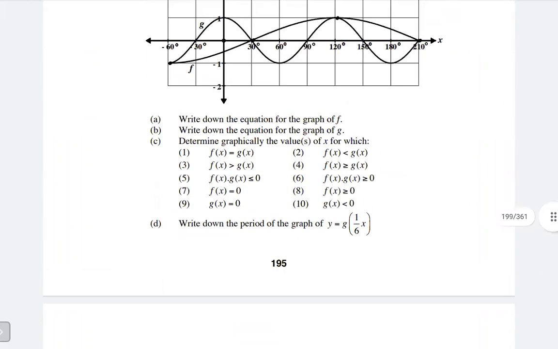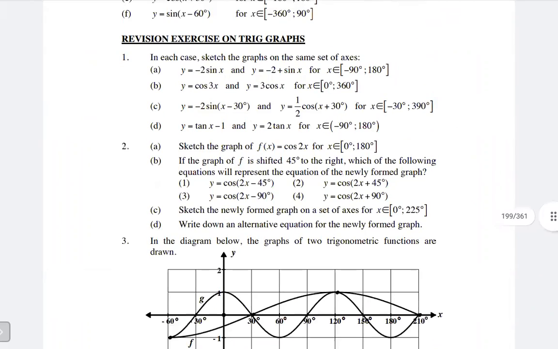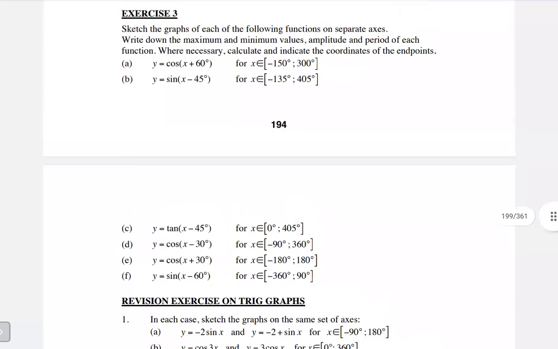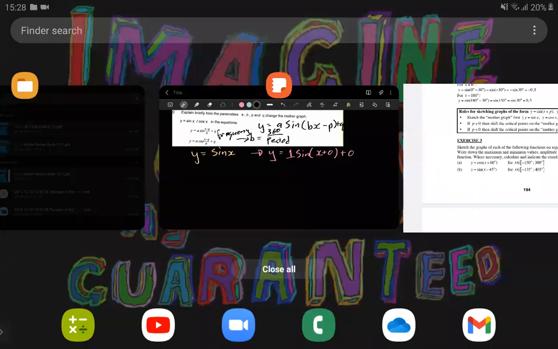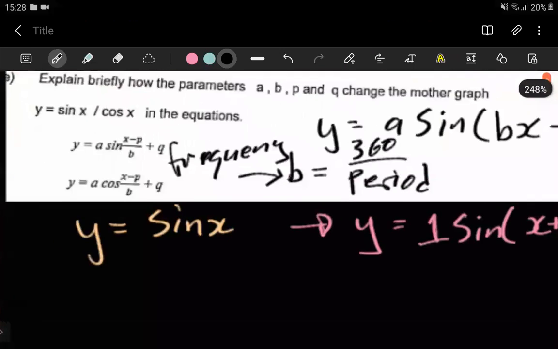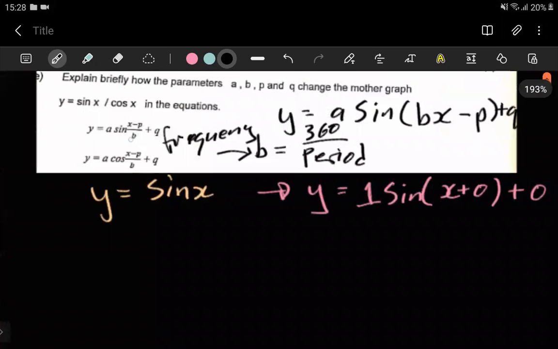So the one thing I'm trying to emphasize is that our value of B is always going to be directly next to X. So the moment we see that it is not directly next to X and we have something at the denominator, that's almost like a totally different ball game.